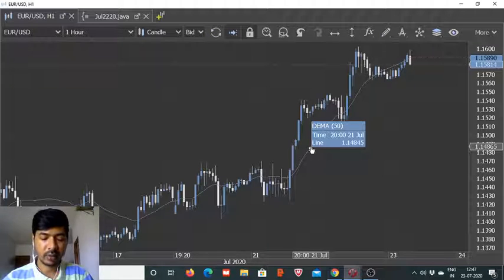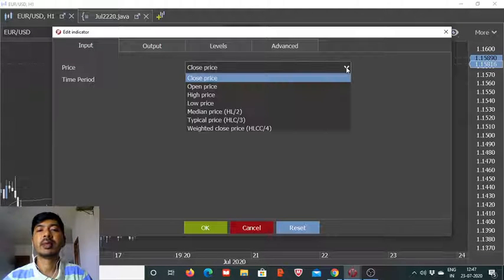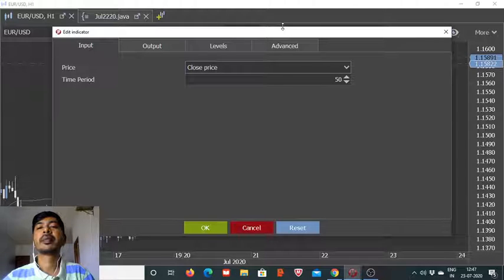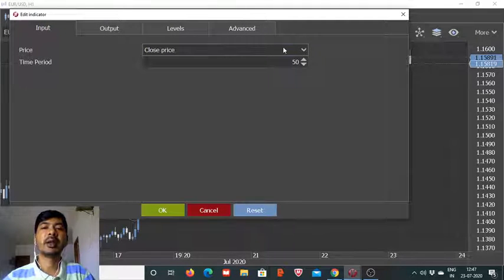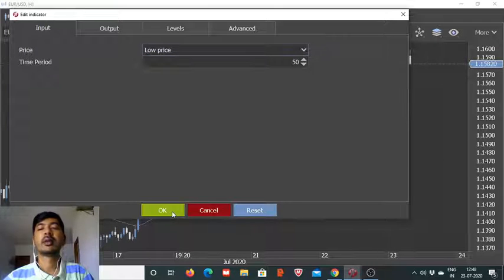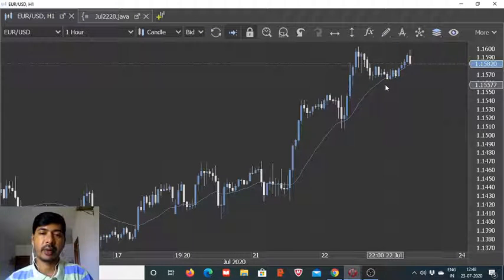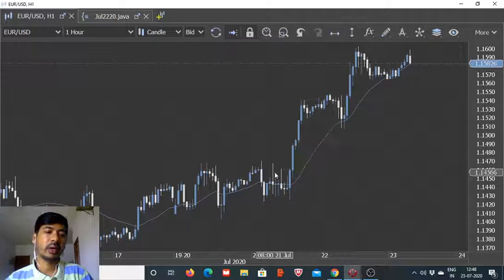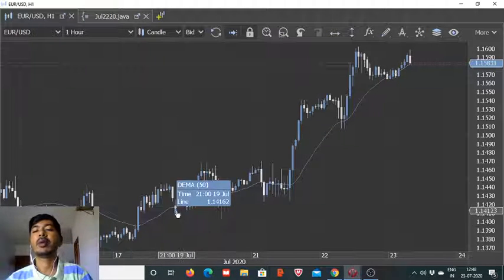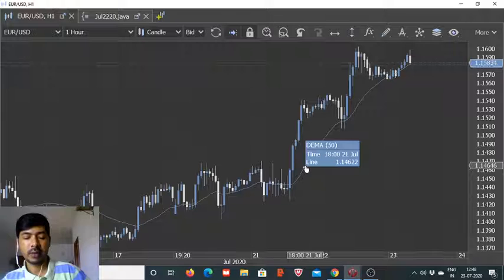Let us for example make changes. Let us edit this indicator, and let us make changes to how we are calculating this, and now it is being calculated on closing price. Suppose we use low price, then we get a different formation here, and as you can see we had this DMA plotted somewhat differently than how it was plotted in case of closing price level.